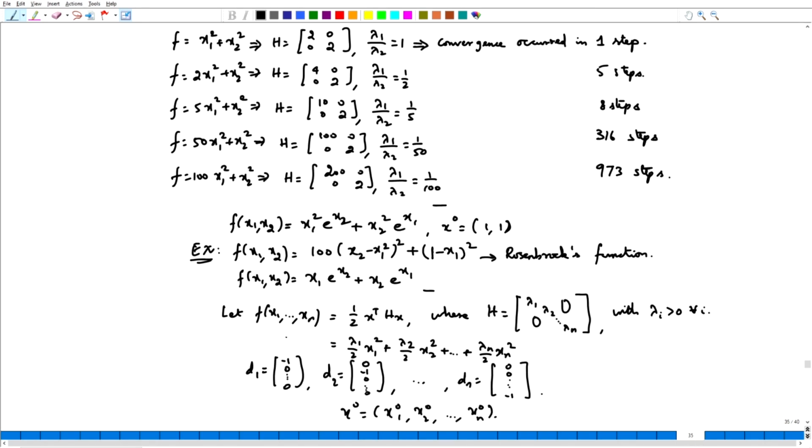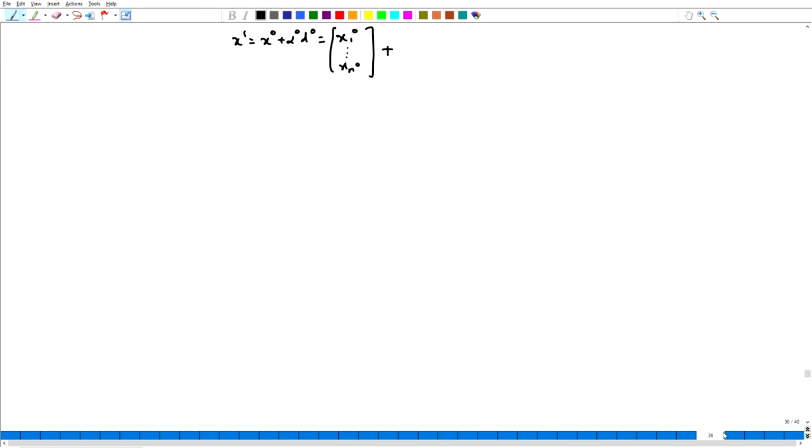So, if this is f, what is del f of x? It is lambda 1 x 1, lambda 2 x 2 dot dot dot lambda n x n. Okay. So, I should have written that in the first place. So, if you recall, it is G 0 transpose actually.